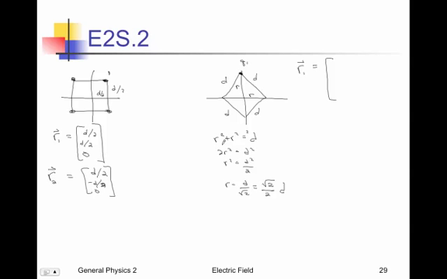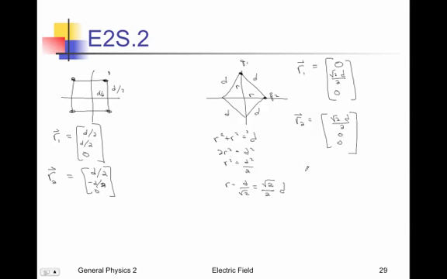And that's probably the hardest thing about finding this. So I have to do this once, and then I can use it for all of my positions here. So for Q1, my X position is 0, and my Y position is just my R, so that's the square root of 2 D over 2, and 0. For charge number 2, R2 is equal to, now here I have my R, so that's the square root of 2 D over 2, 0, 0.